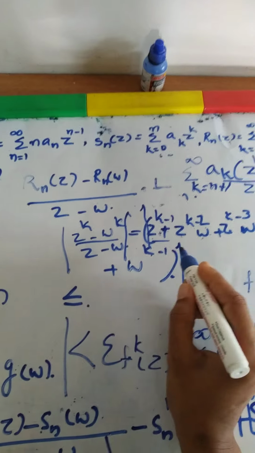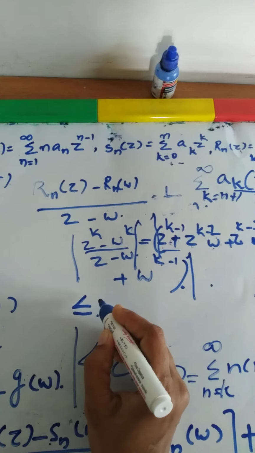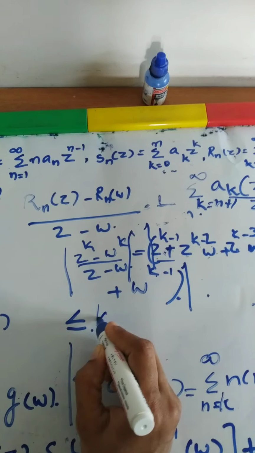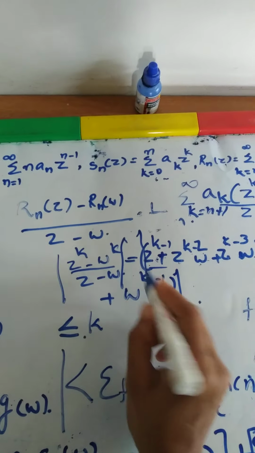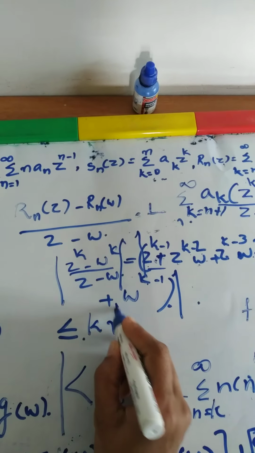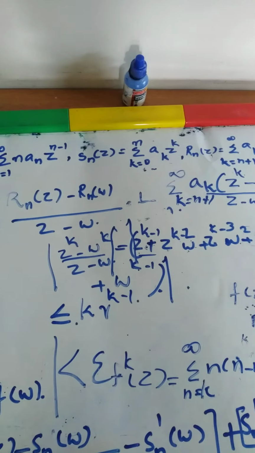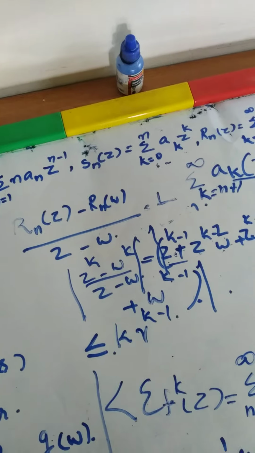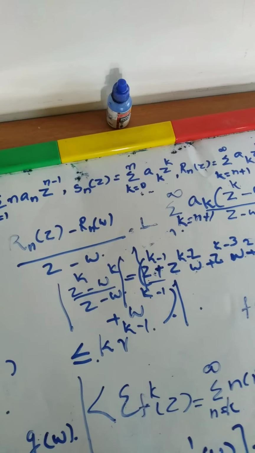So k terms, and each term is less than or equal to r raised to k minus 1. So we can put this sum as less than or equal to k r raised to k minus 1. Is it clear to you?